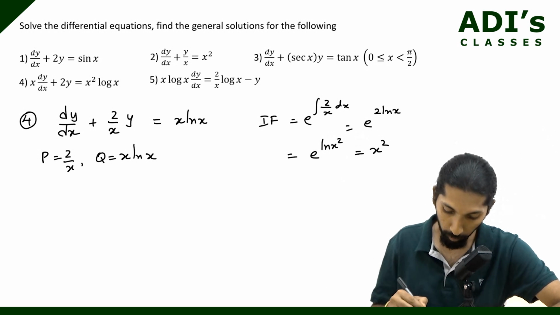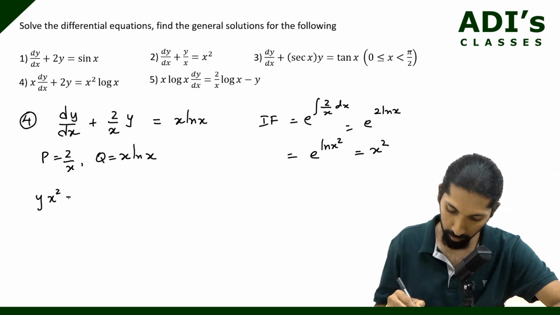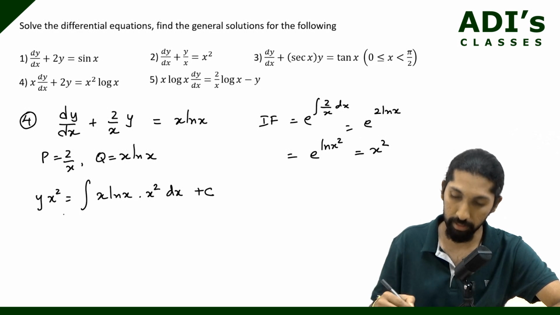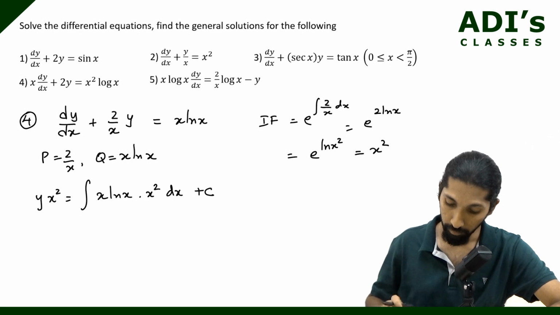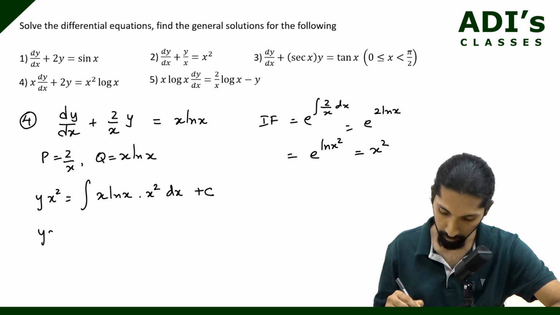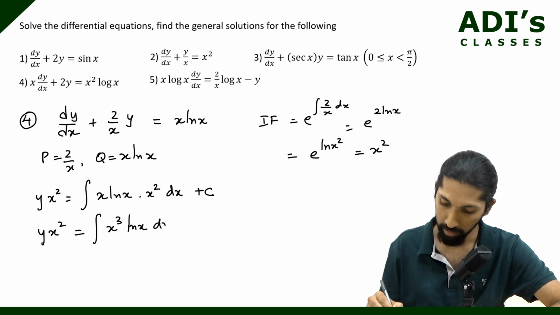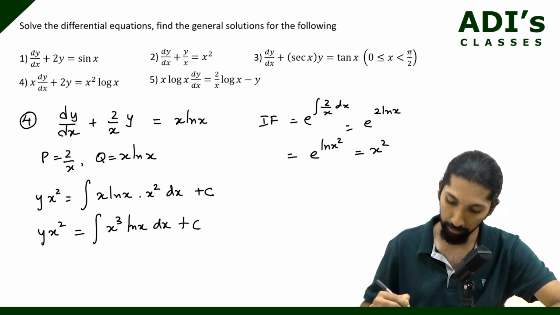Now the formula: y into x square is equal to integral of x log x into x square dx plus c, correct? Now this is going to become integral of x cube log of x dx plus c.